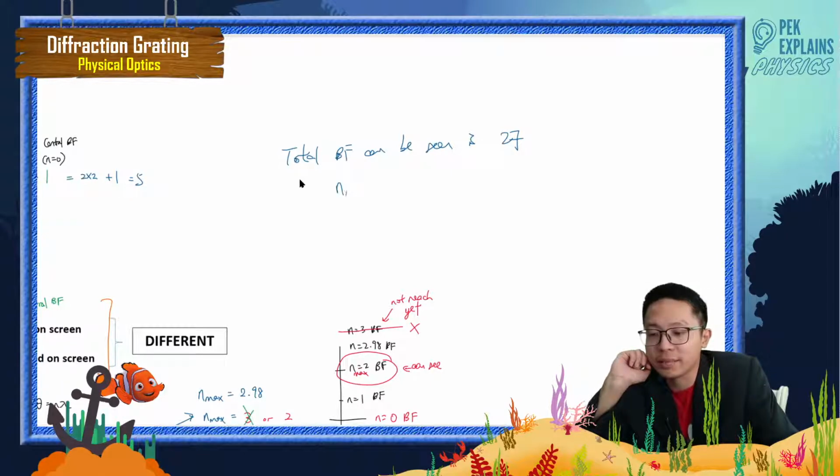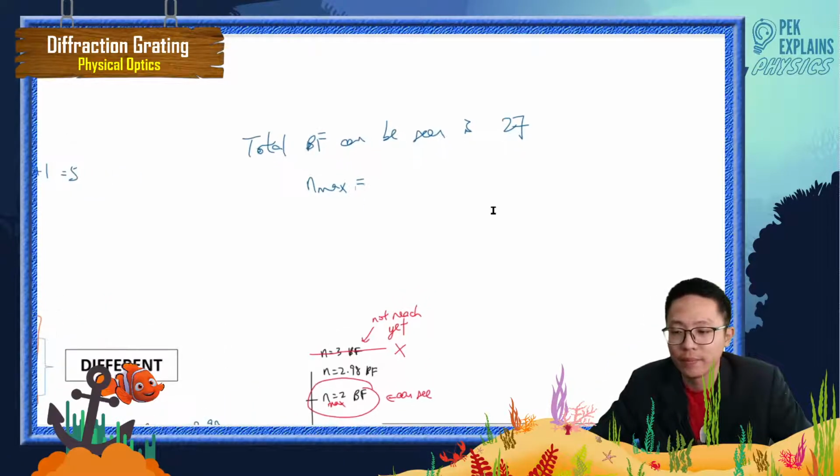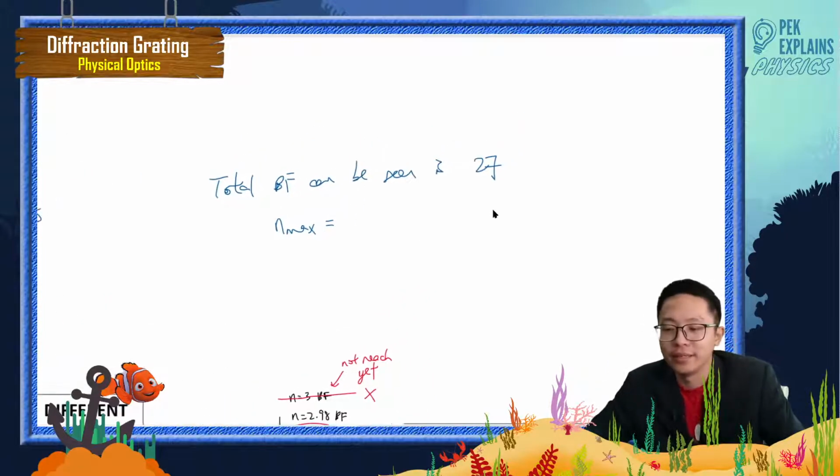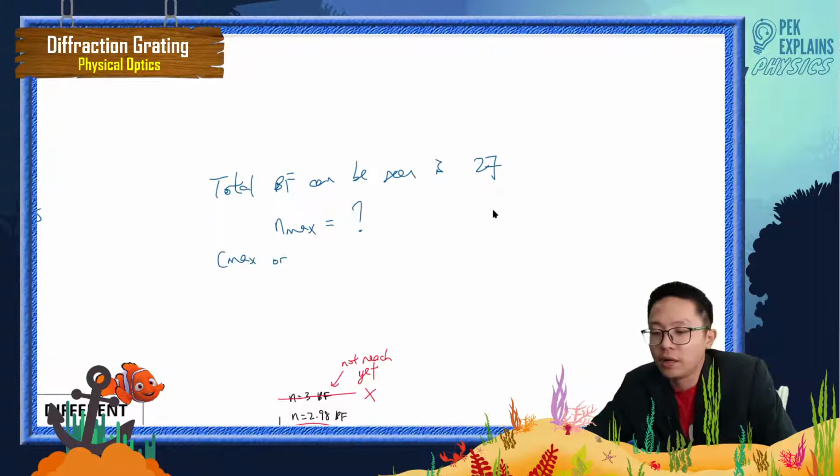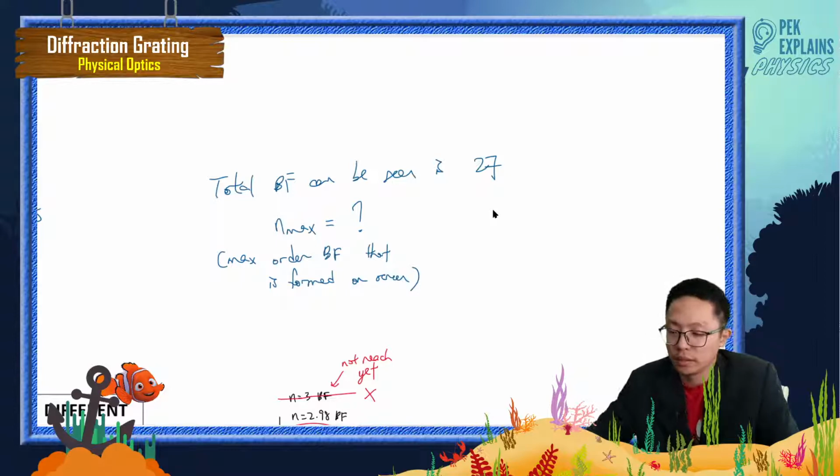So what is the maximum order that is found on the screen? Maximum order. So what is the maximum order of bright fringe that is formed on the screen?